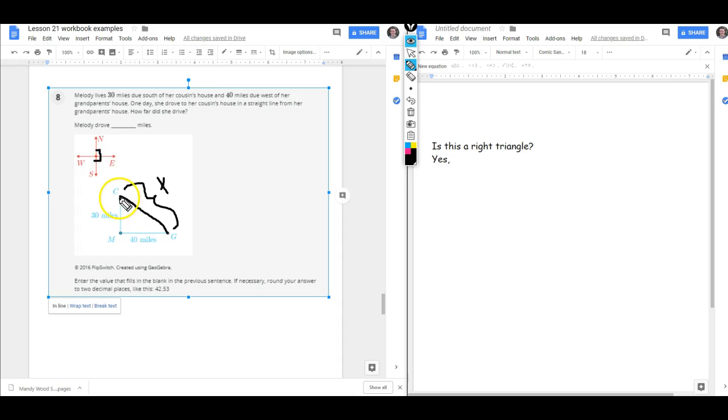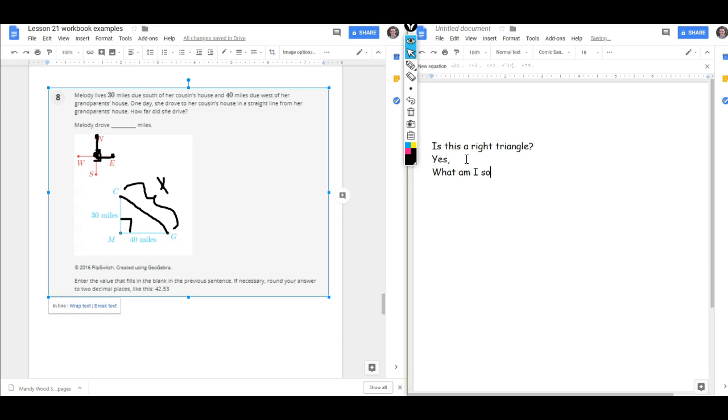So this being due south and due west created a 90-degree angle. Here's her cousin's house driving due south, and here's her grandparents' house driving due west, and this is where she would meet. So it is a right triangle.